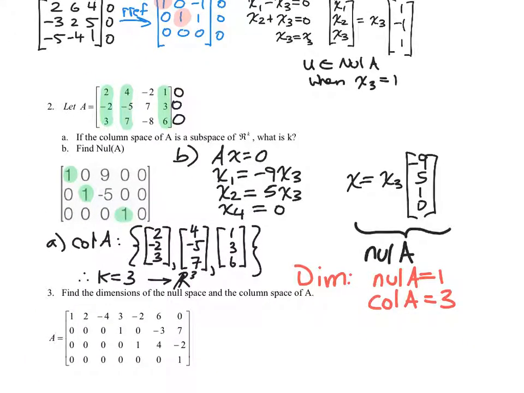All right, the reason I bring that up, aside from just teaching it, is because I was about to put a star on number 3, and I realized I hadn't talked to you about how to find the dimensions yet. I mean, I talked to you about the definition, I didn't talk to you about how to actually apply the definition.